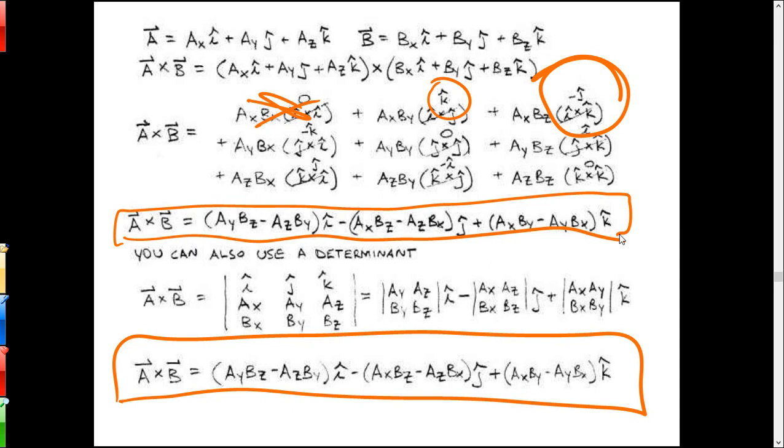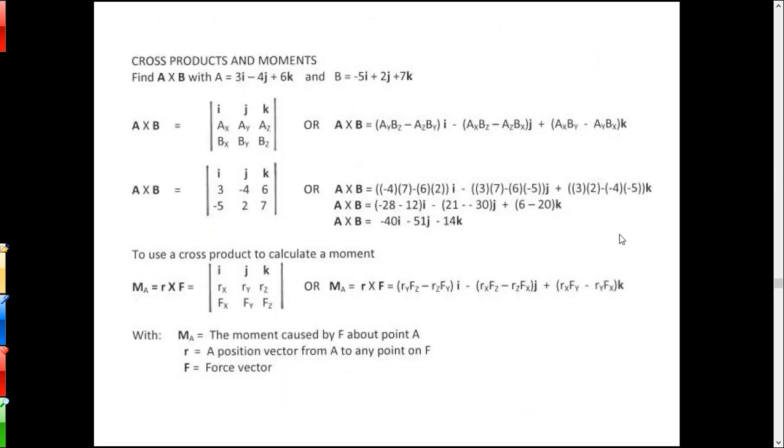All right, we good? All right, now let's use this because this is a tool that we can use to calculate a moment. Okay, but let's first just do an example here. I think I've got a little computer generated thing. Yeah, there we go.